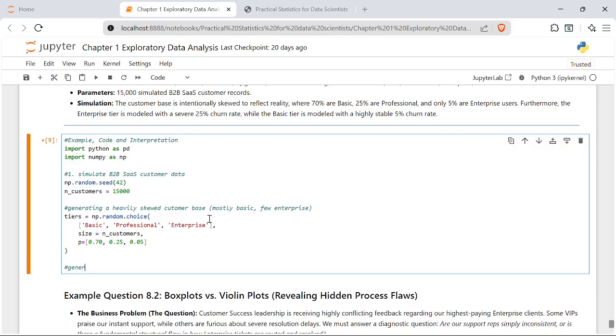Generating renewal statuses. Enterprise has higher churn in this simulation.